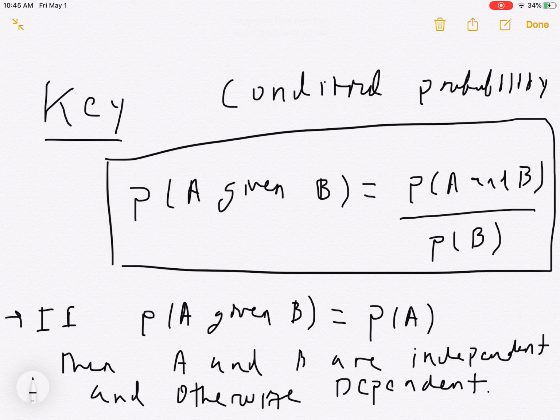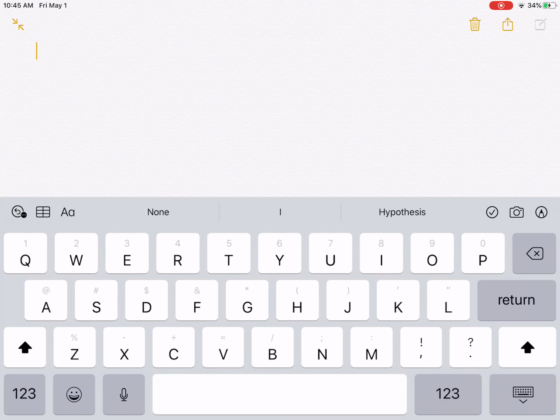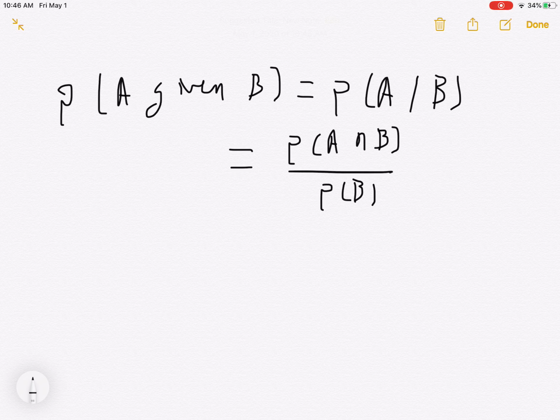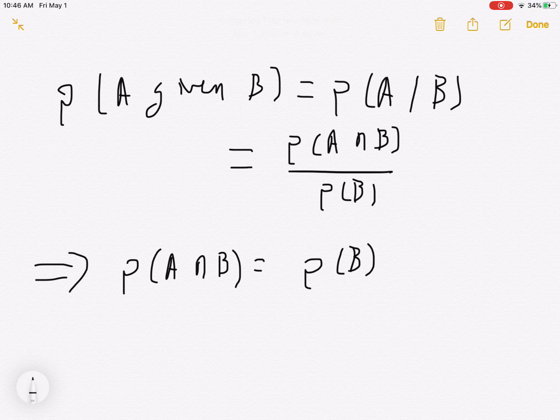Now let me give you one more thing. Probability of A given B, that's also written as A bar B, is equal to P of A intersect B divided by P of B. That's the probability that A and B both occur divided by the probability of B. This implies that probability of A intersect B is equal to P of B times A given B, just clearing the denominator.